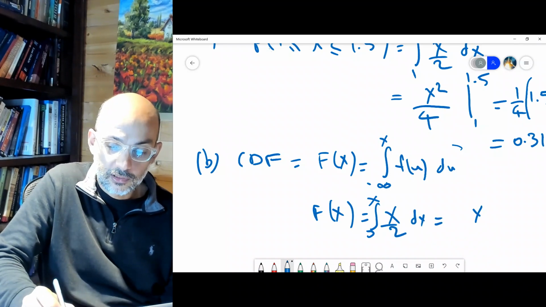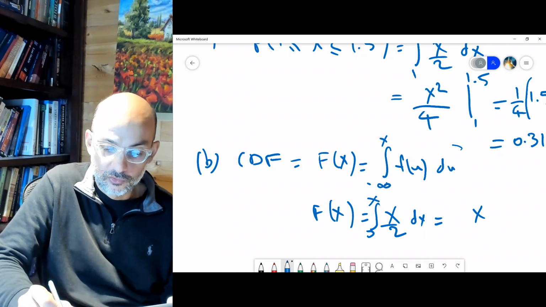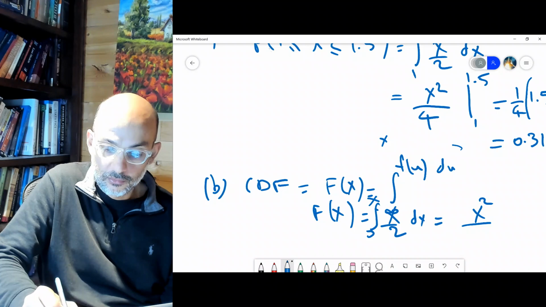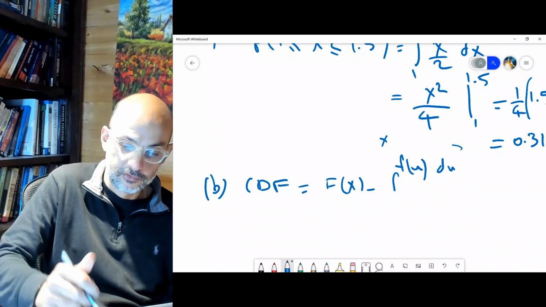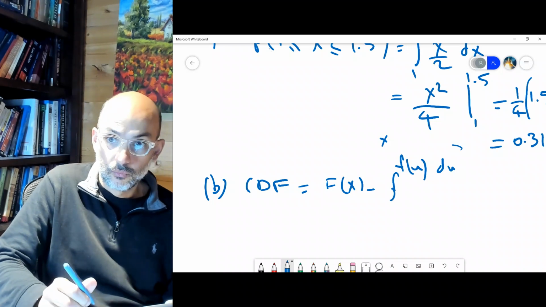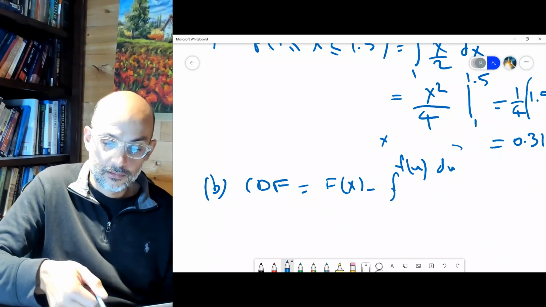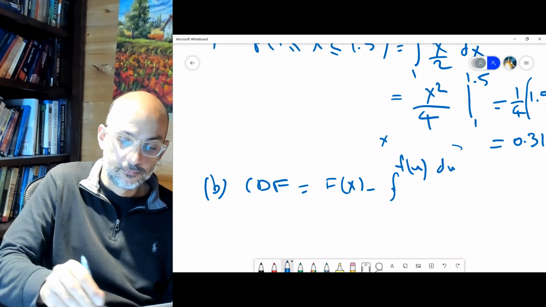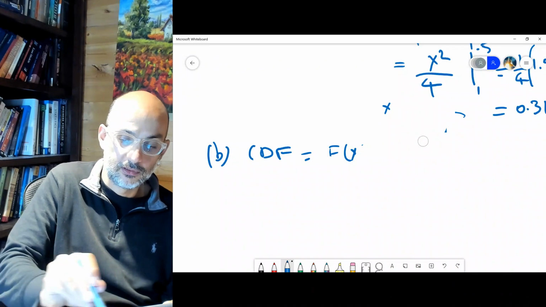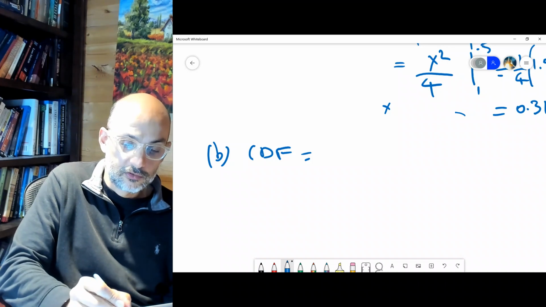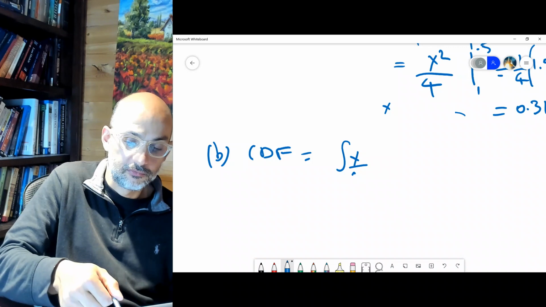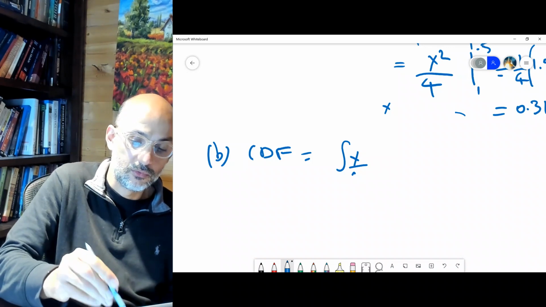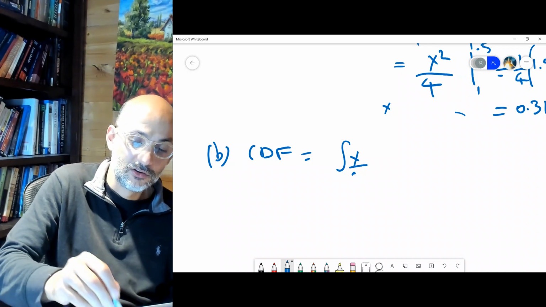So it becomes x squared over... can I just delete this? Let's do it the correct way. I don't know what happened to this. Let me do it again. Technology is great when it works.